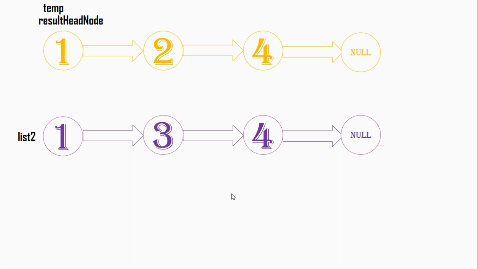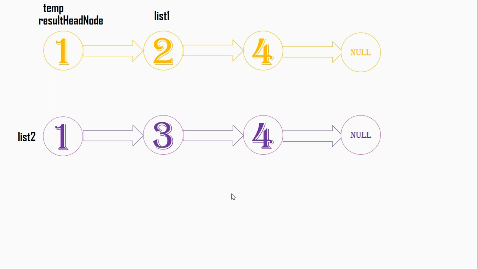I will take one while loop. In the while loop I will check if list 1 is not null and list 2 is not null, then my next condition will run. So the next condition is I will check whether list 1 node value is greater than list 2 node value. Yes, it is greater.